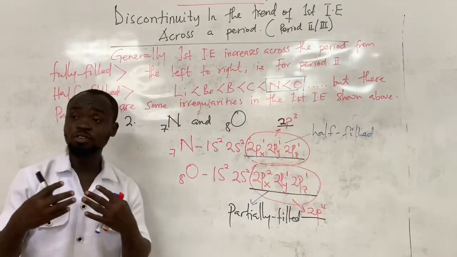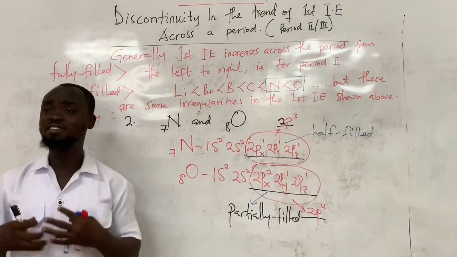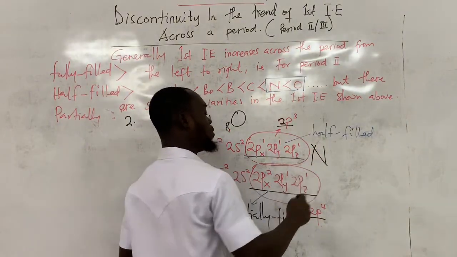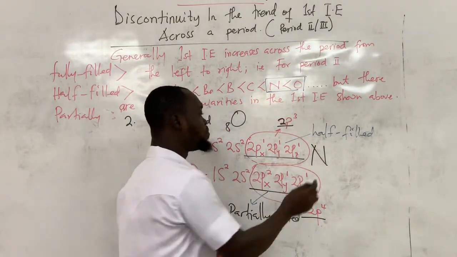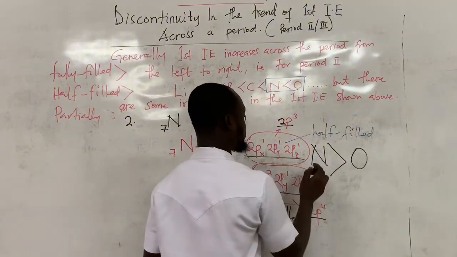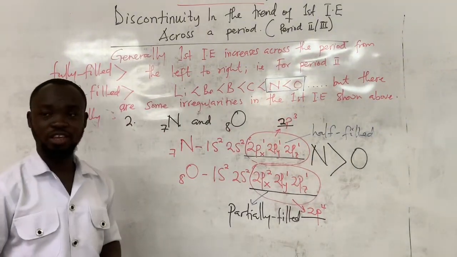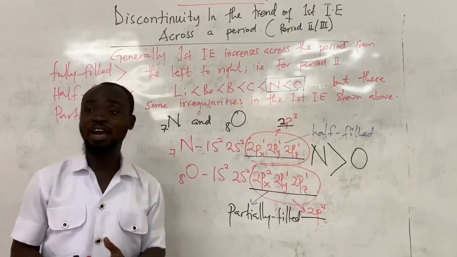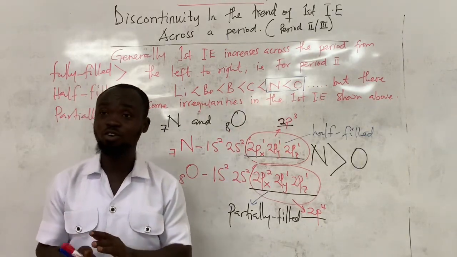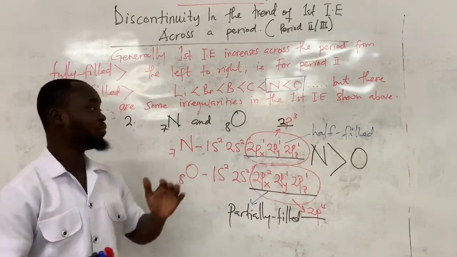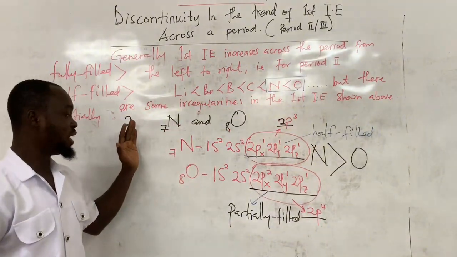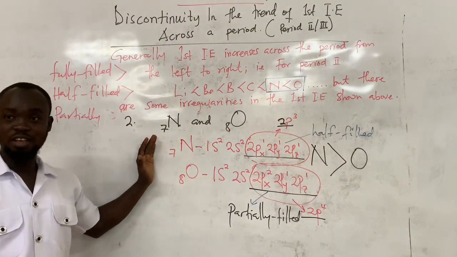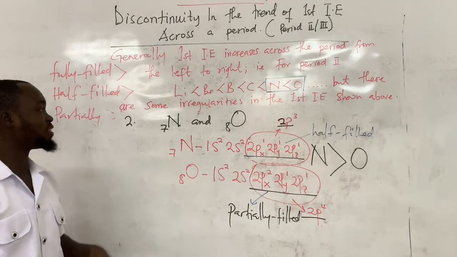So we can therefore say that the first ionization energy in nitrogen is rather expected to be greater than that of oxygen. Is that okay? And this goes against the general trend. That is why it is a discrepancy or an irregularity in the trend based on electron stability. Is that okay? Based on electron stability.